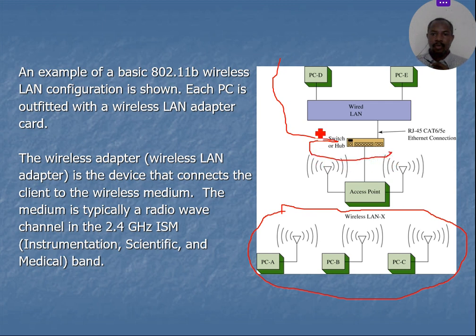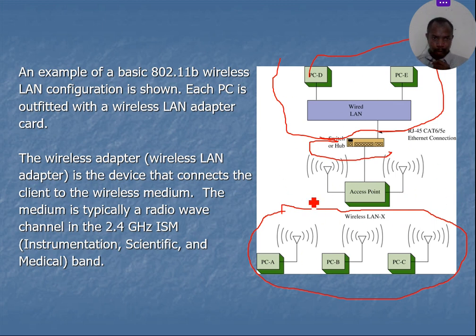We connected the wired network to a hub, and then to an access point. These are rooftop antennas to carry the signal. The access point establishes communication between this wireless local area network and the wired network. That's the job of this access point.